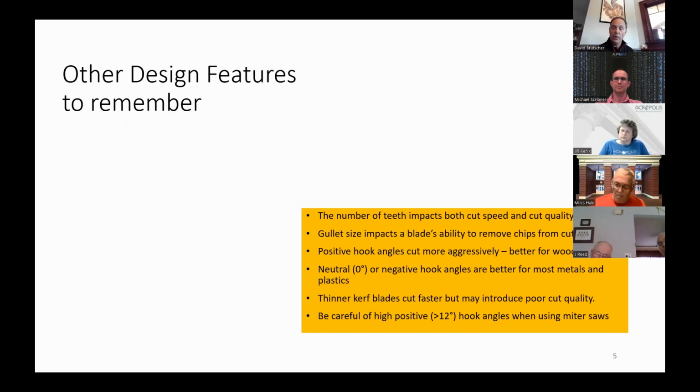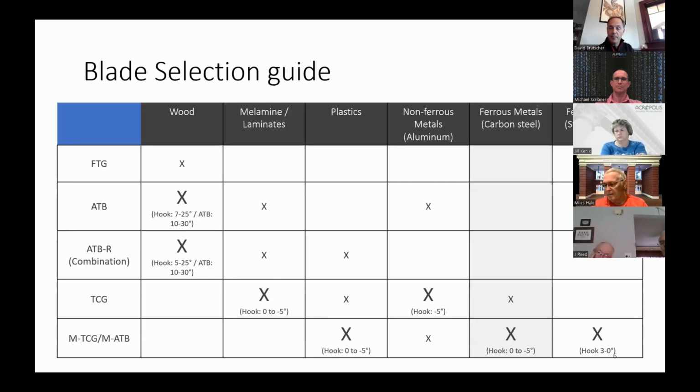This is something I've spent a lot of my career working on, in terms of where we think that angle should be, and I would always suggest for slide miter saws, lower is better. There are a number of blades out there with a 5-degree hook angle, or 7 or 8, somewhere less than 10 degrees, that I think are the blades you want to be looking for in that particular application. Okay.